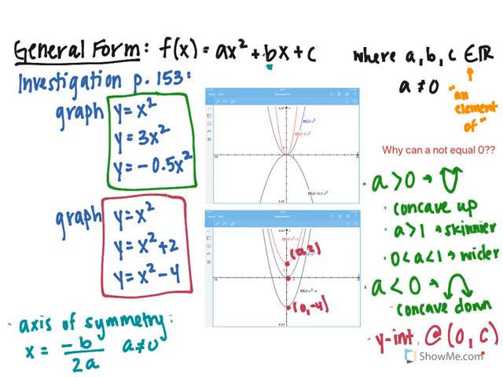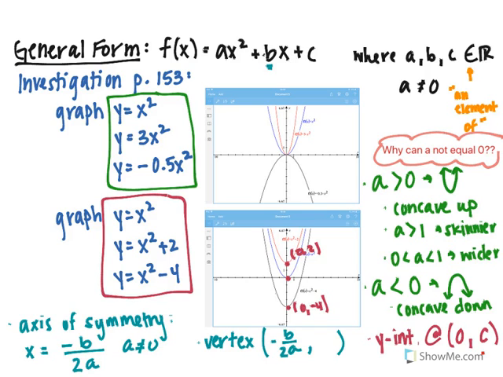And don't forget to answer that question. Why can a not equal 0? Right? This value also gives us our vertex. It gives us the x value of our vertex.